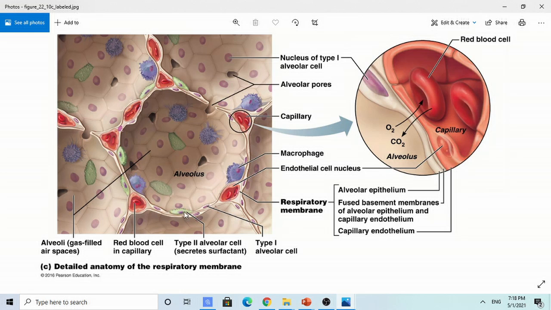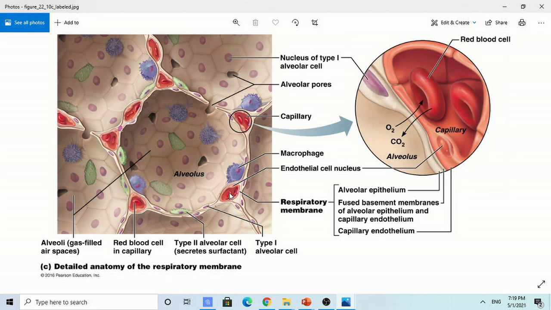As we saw in the previous picture, the alveoli are surrounded by capillaries. Here is one capillary, another capillary, and another capillary in which blood flows. Capillaries are the smallest branches of the circulatory system. Namely, these capillaries which we find here in the lungs are branches of the pulmonary artery, which brings deoxygenated blood, meaning blood loaded with carbon dioxide and depleted of oxygen.